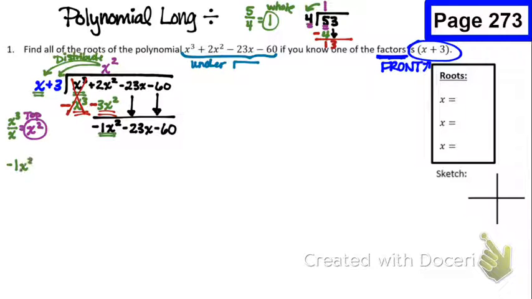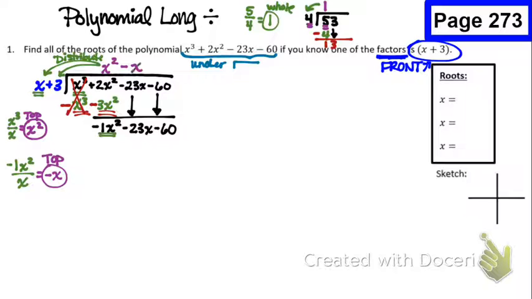Negative 1x squared divided by x. What would that give me? What'd you say? Negative x, yes. Negative x is what I now put up on top.